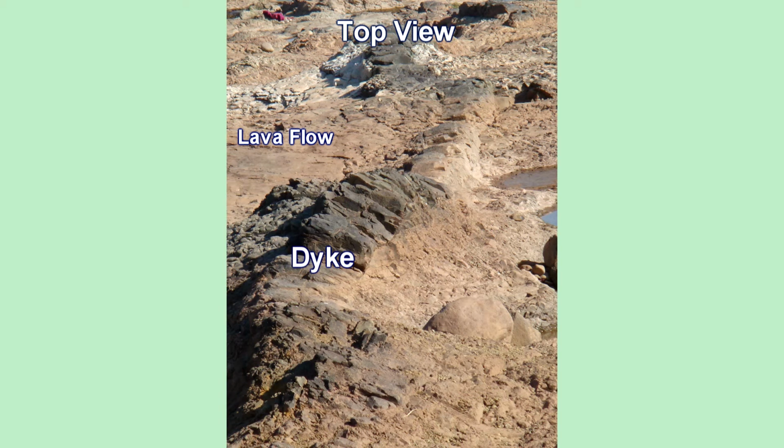If they come across a lava flow, they will cut across the lava flow. If they come across sedimentary rock, they will cut across sedimentary rocks. So, they are basically intrusions cutting across the lava flows or whatever country rock exists in the area.